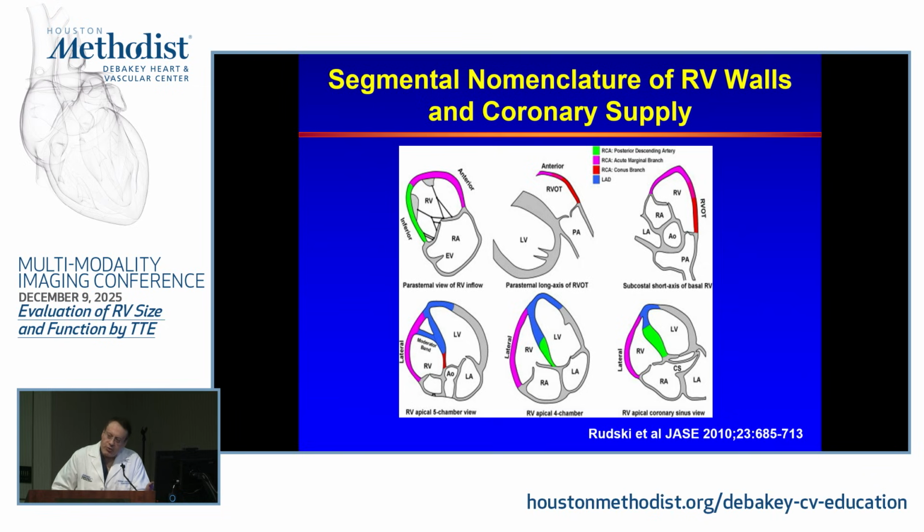It is reasonable to expect that well-trained echocardiographers know the blood supply of the different regions of the right ventricle, and when problems are seen in different segments, what is the artery that is involved.